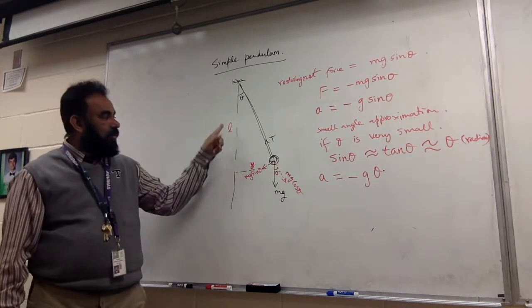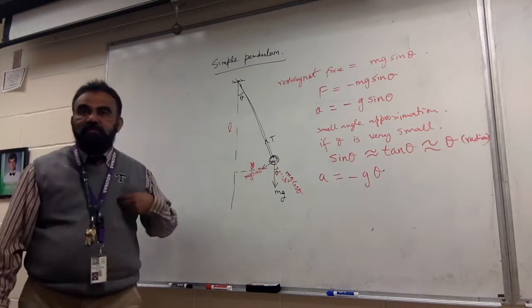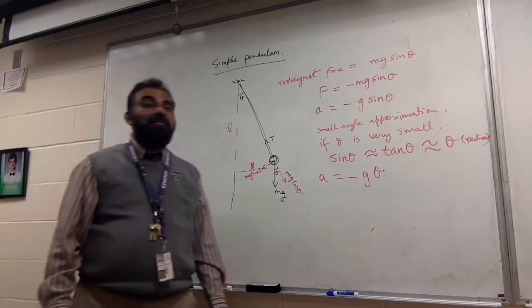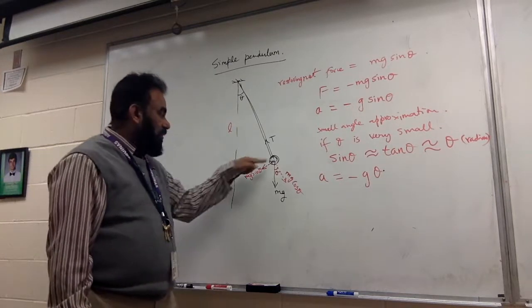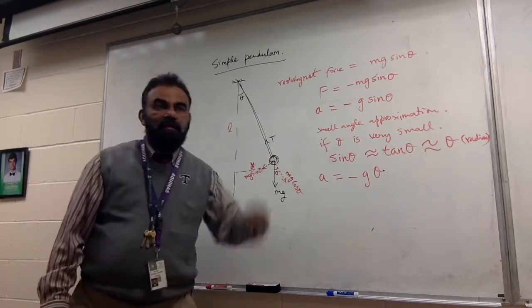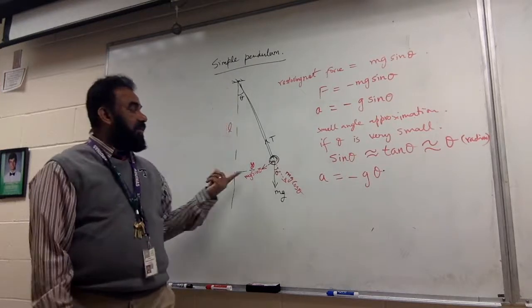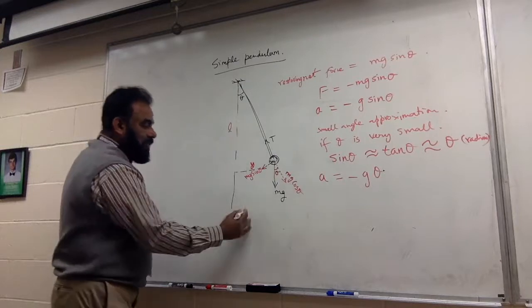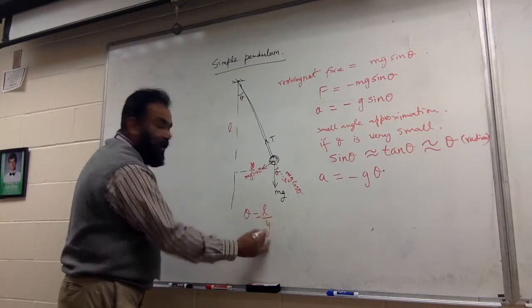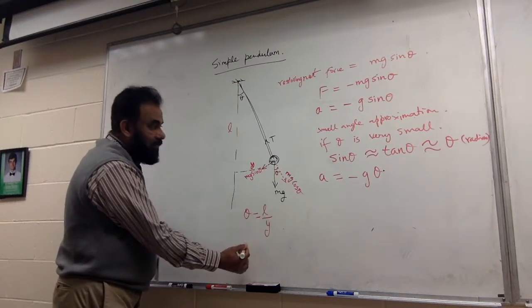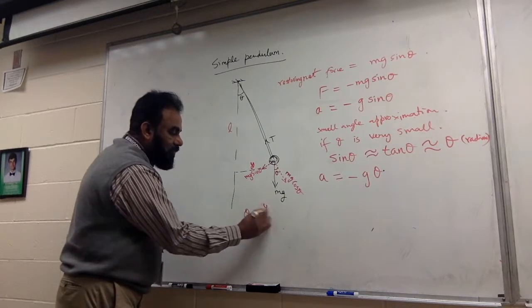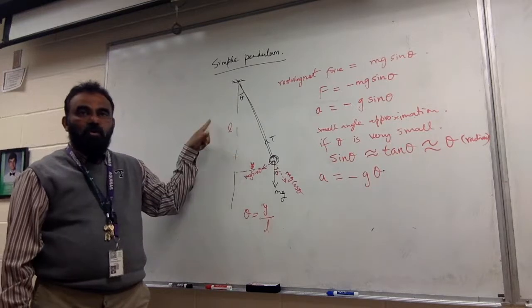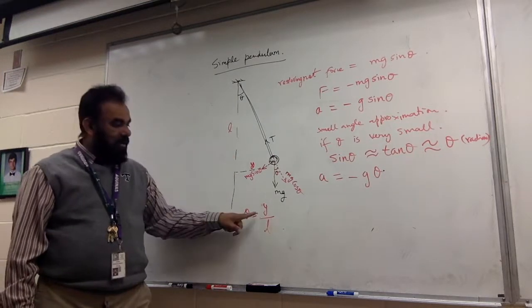What's the connection between y and L and theta? y is this arc length. L is the length of the pendulum. L theta equals y, so you know that theta is equal to y over L. Theta is equal to the arc length over the radius.